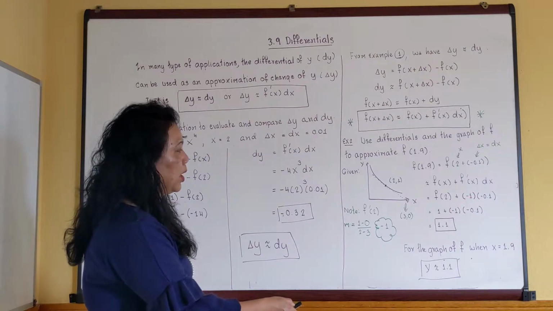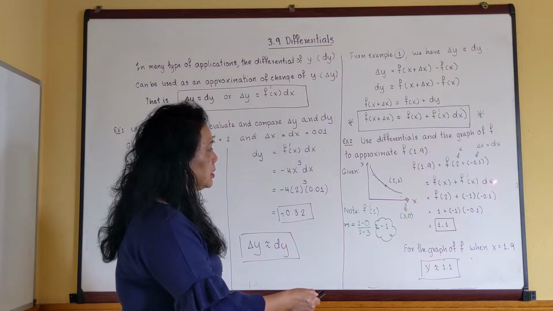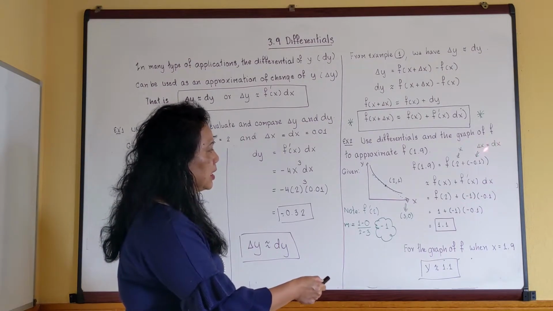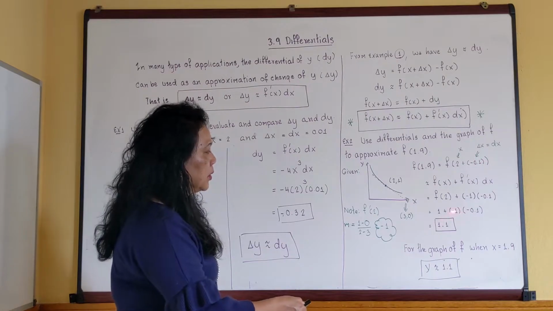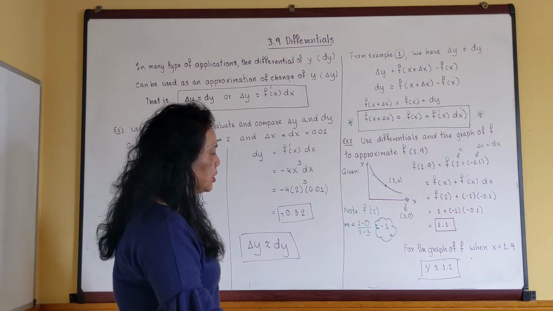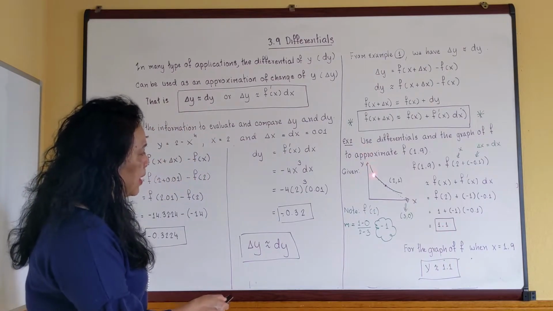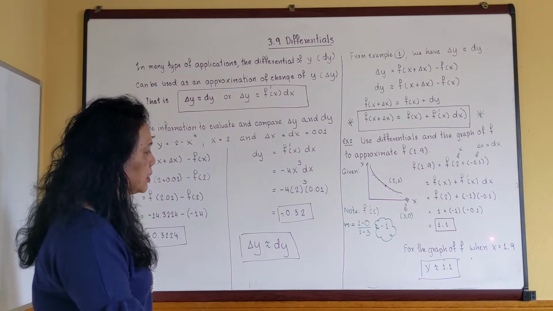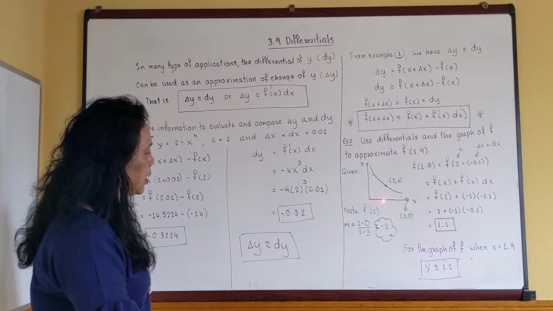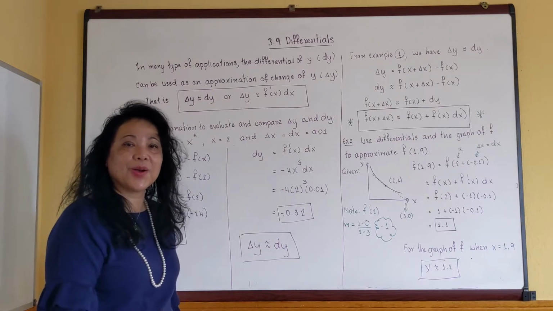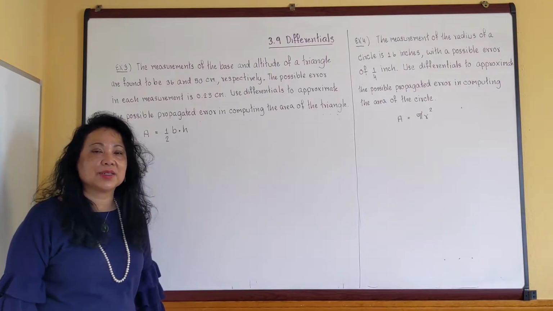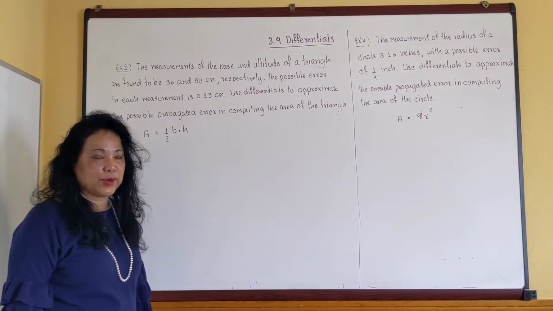So that's negative 1. My dx is approximately equal to delta x, which I have here. So I plug in all the information. I have 1.1. So for the graph f here, when x is 1.9, which is somewhere here, y should be about 1.1.